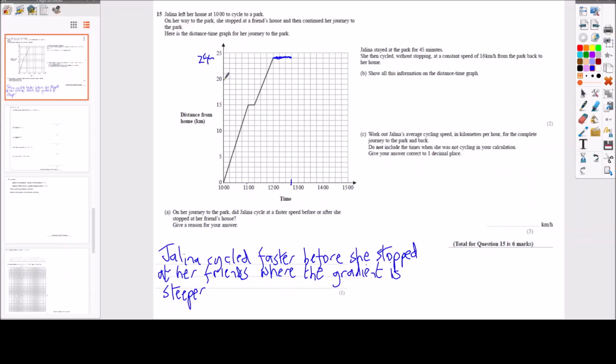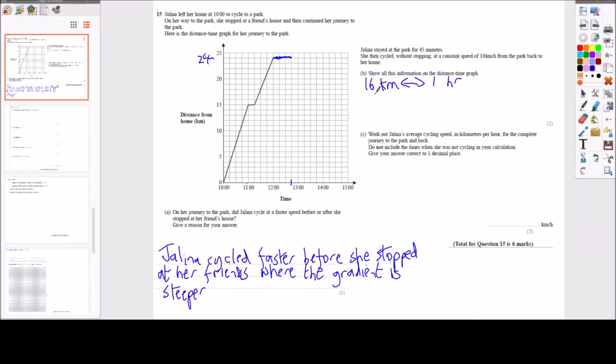That scale's quite straightforward. You can see here each square just represents 1 kilometer. 21, 22, 23, 24, 25. Now, she then cycled without stopping at a constant speed of 16 kilometers per hour back to her home. So she will go 16 kilometers in 1 hour.